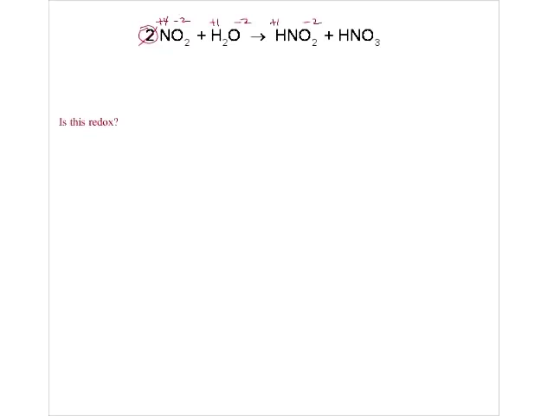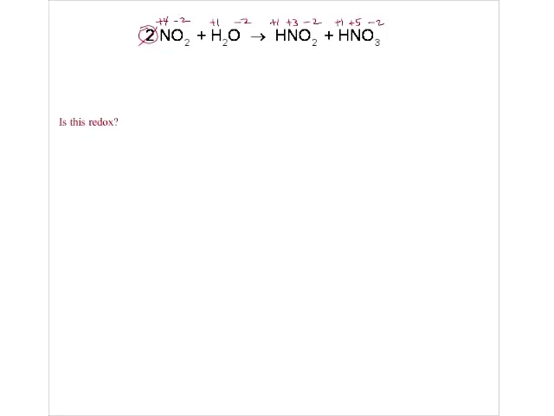Let's do this one in our head, eh? 2 times 2 is -4 plus 1. That's going to be -3. So therefore, nitrogen is going to have to be +3. And likewise with this other guy over here, oxygen is -2. Hydrogen is +1. Again, let's try this one in our head. 3 times 2 is -6. Plus 1 is a -5. So nitrogen has to be a +5 to cancel it out.